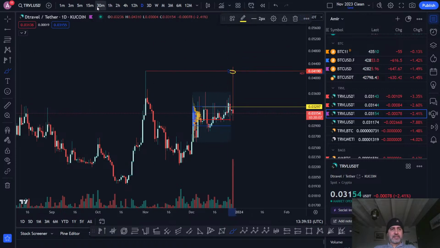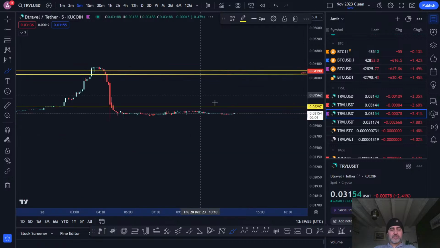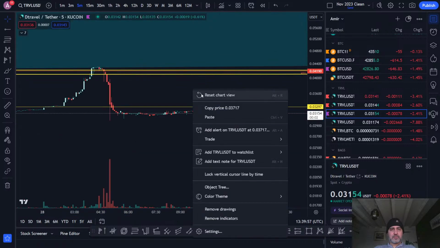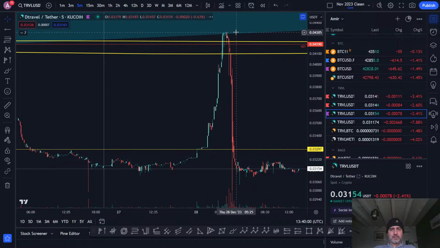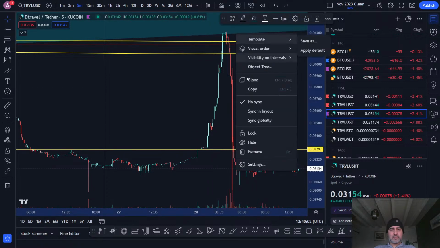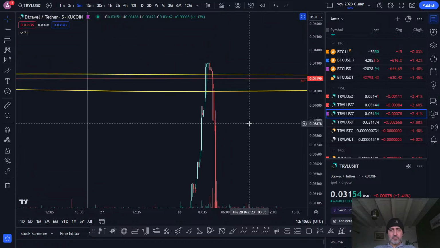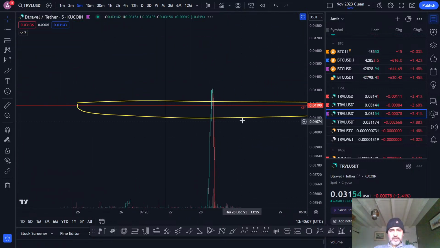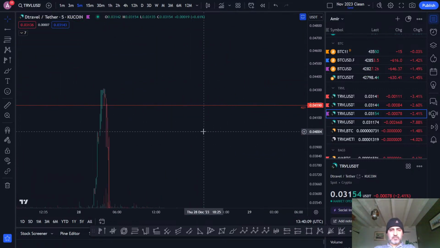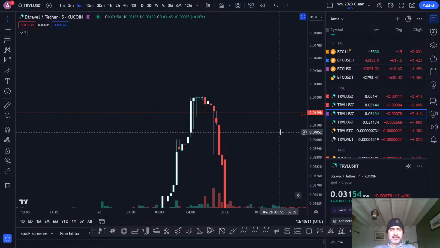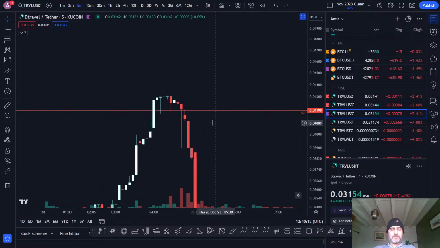Basically, if I zoom in, I can show you. Let me hide that. See that key level there. So I've got this level marked out. See that?